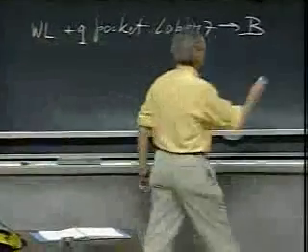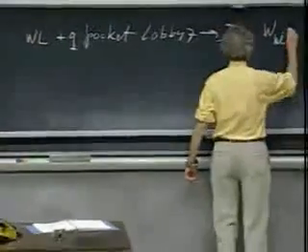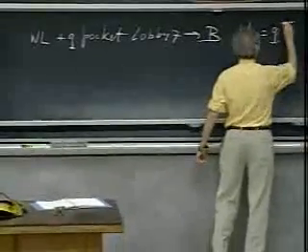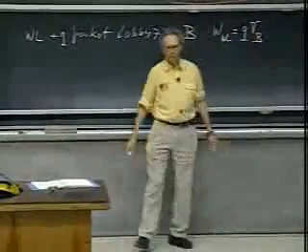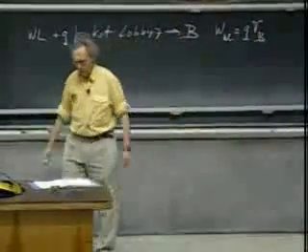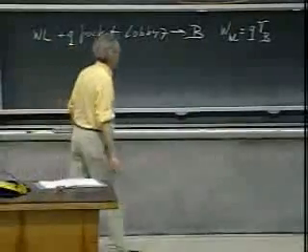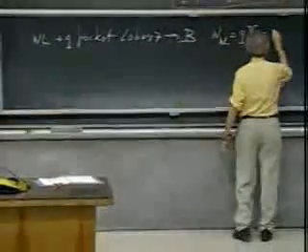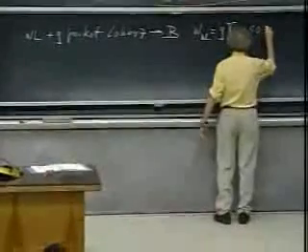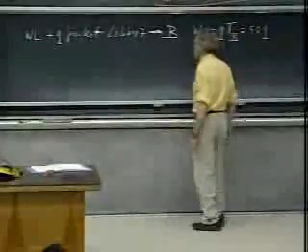So the work I have to do is Q times VB. So in this case, it's 50 times Q, whatever that charge is that I have in my pocket. This is in joules.